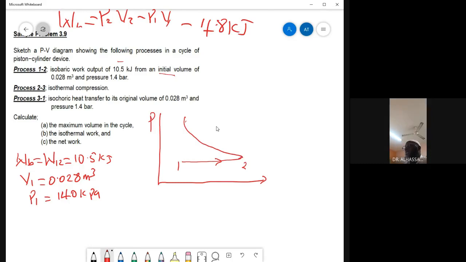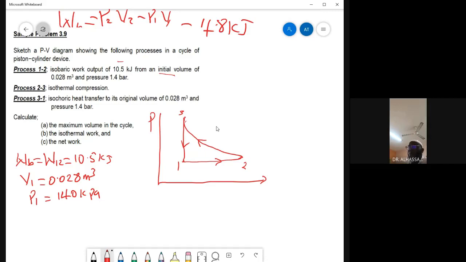That is from 2 to 3. Then the final process, isochoric, means constant volume, back to the original state, the original volume of 0.028.